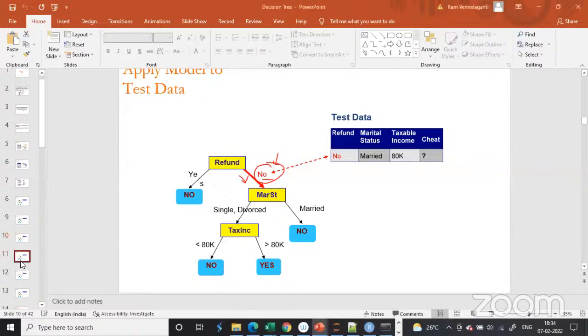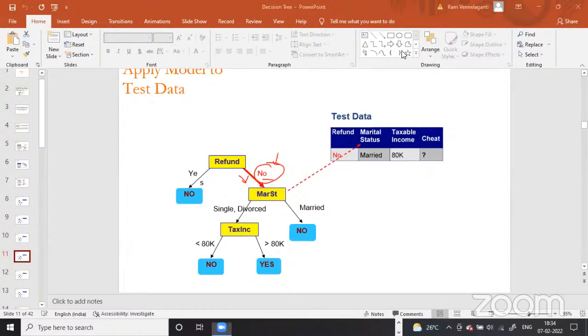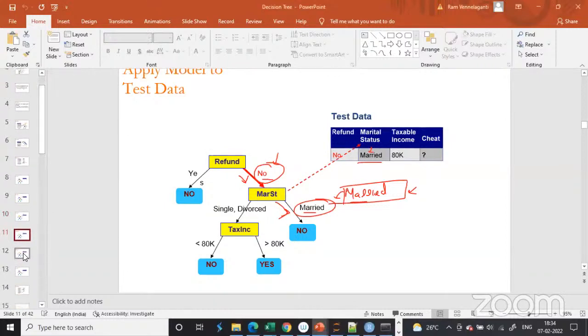Then check for marital status. What is the marital status? That person is married. Then, if that person is married, what is your answer?